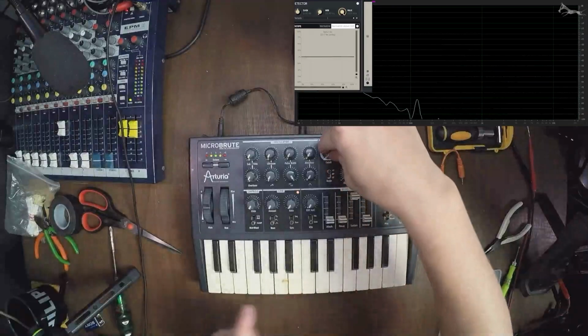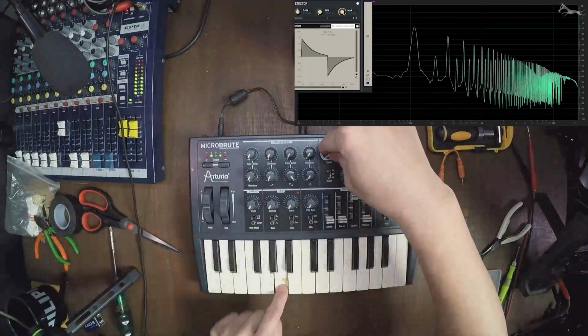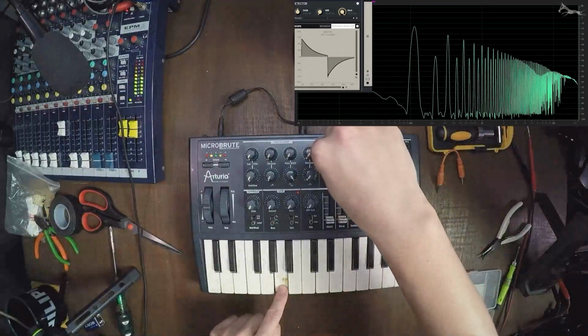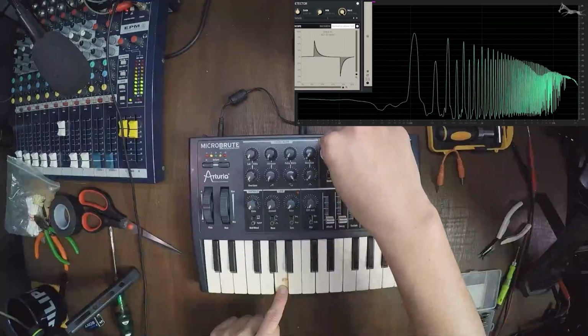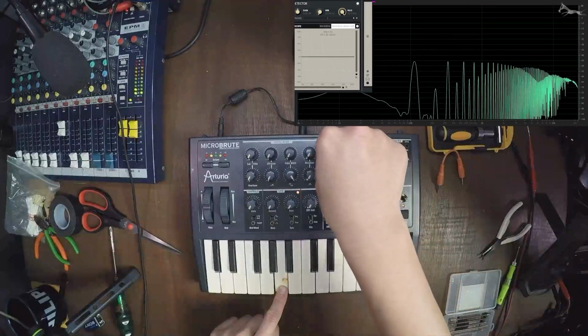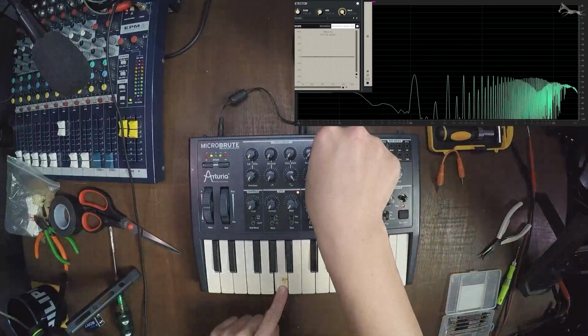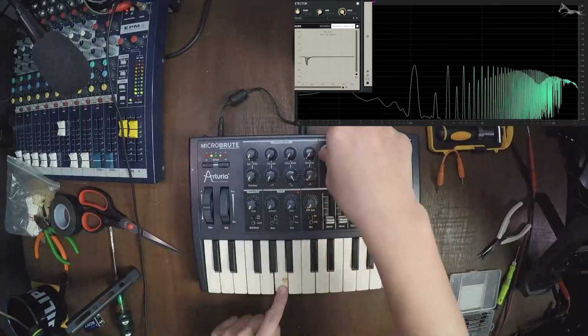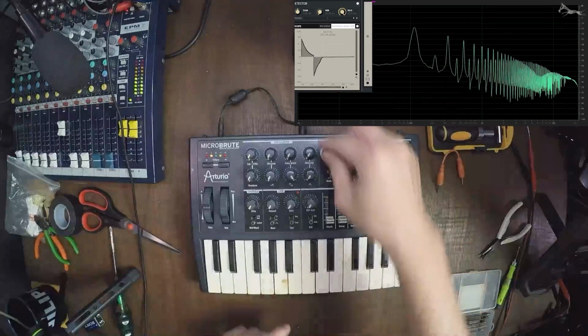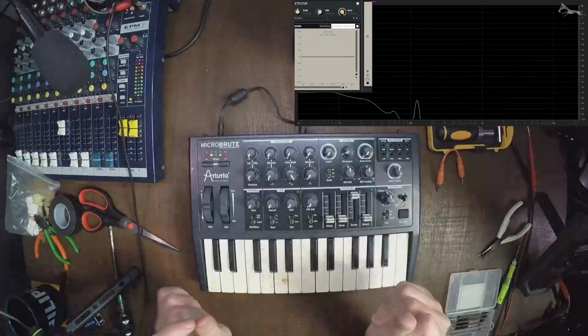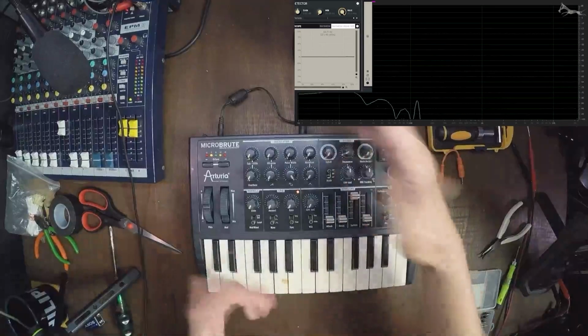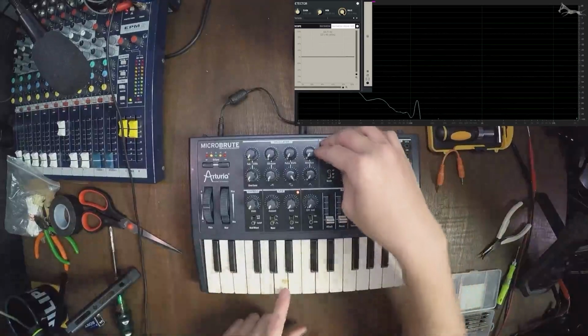It's a low cut. So let's try. It's working. I guess cleaning did the trick.